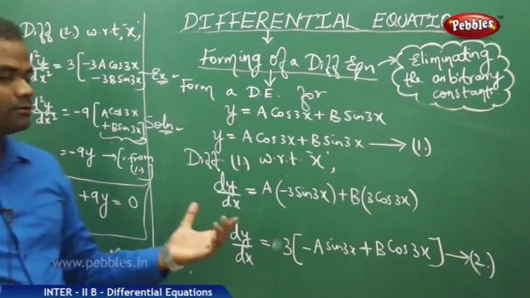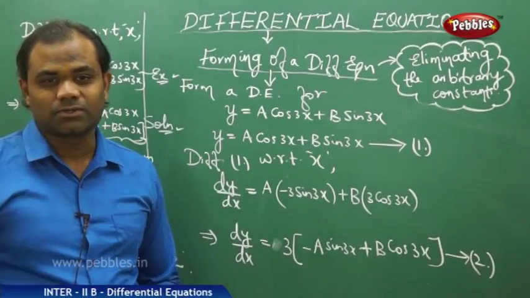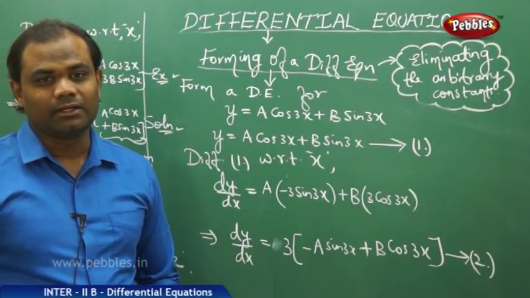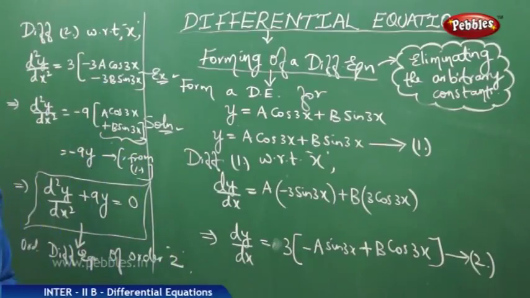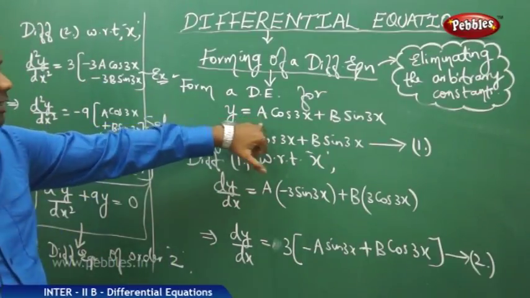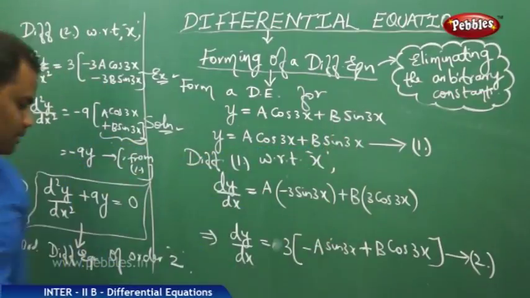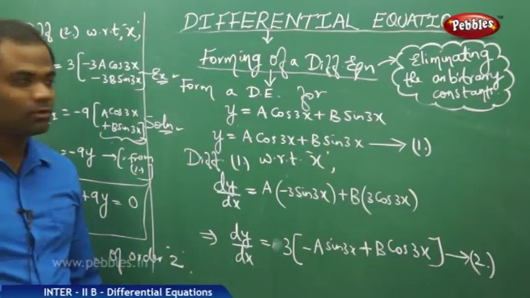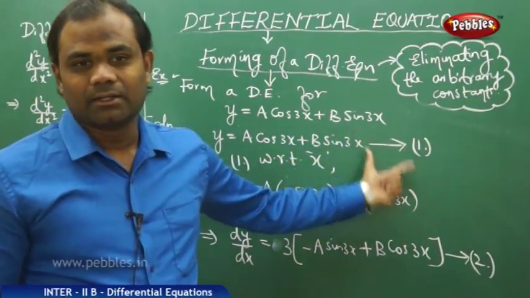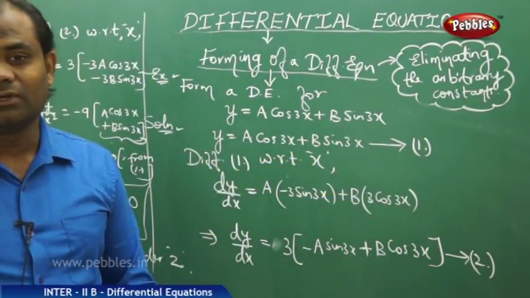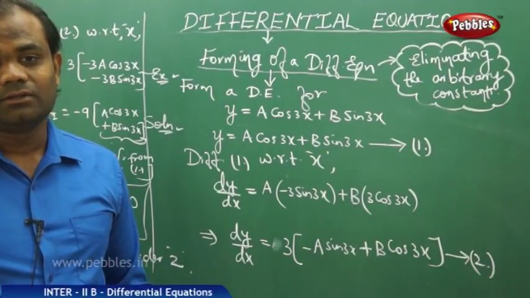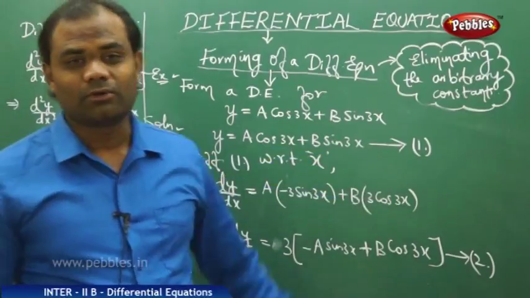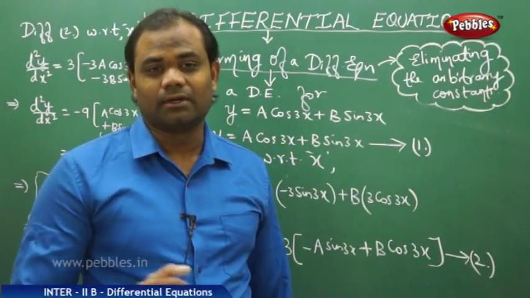So every function or curve is associated with its corresponding differential equation, and it is very important to identify that in this curve which has two arbitrary constants, the order of the differential equation will be 2. If the number of arbitrary constants is n, then that differential equation will have order n. So the order of a differential equation is associated with the number of arbitrary constants in the curve.